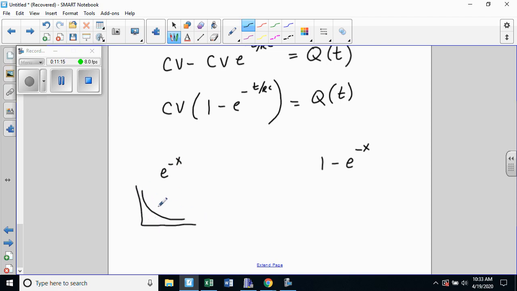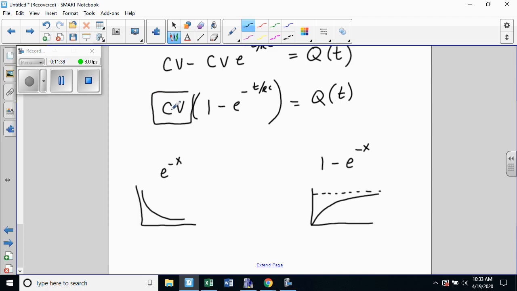Starting out with a high value and it's decaying towards 0, or it could be decaying towards some value. 1 minus e to the minus x we called an exponential approach, and it is approaching some value. So the first thing you should notice is that this is an exponential approach. It's approaching some value, and that value is going to be this coefficient right here.